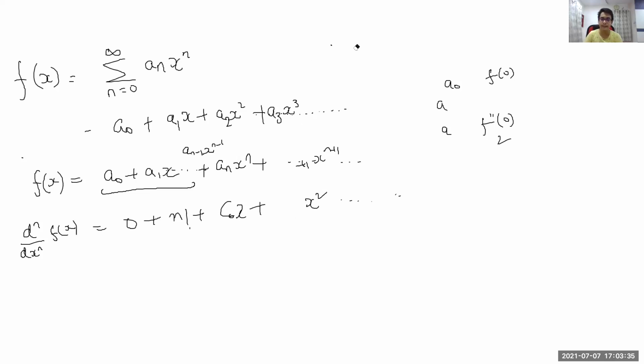And again, if you now plug in x equal to 0, look at this, all of that has x, so all of that is going to go to 0. And so we just have the nth derivative of f of x evaluated at 0.